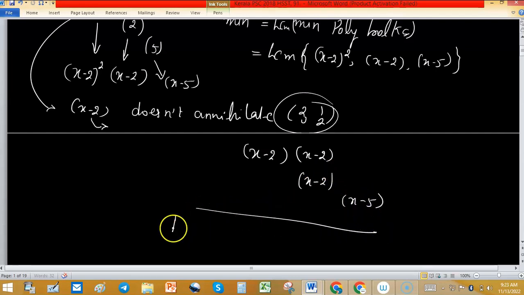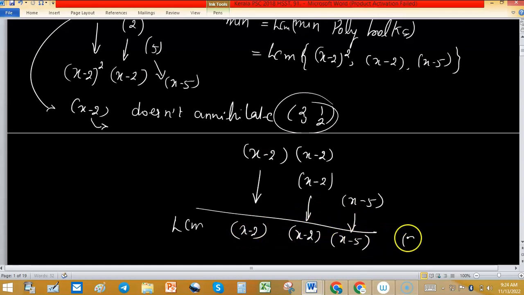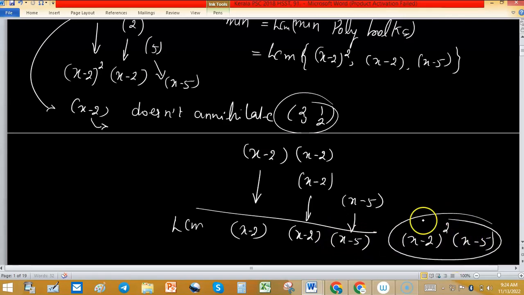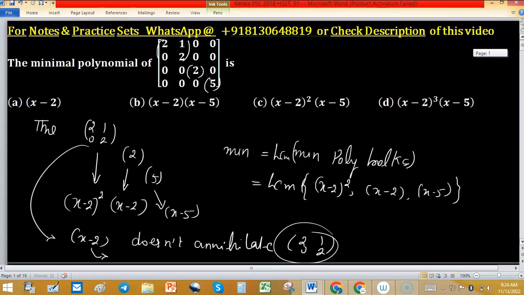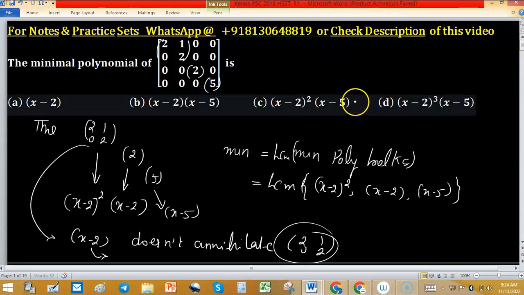This x minus 2 comes once, x minus 2 comes again, and x minus 5. So x minus 2 whole square into x minus 5. Which option is giving this information? Option C is correct.